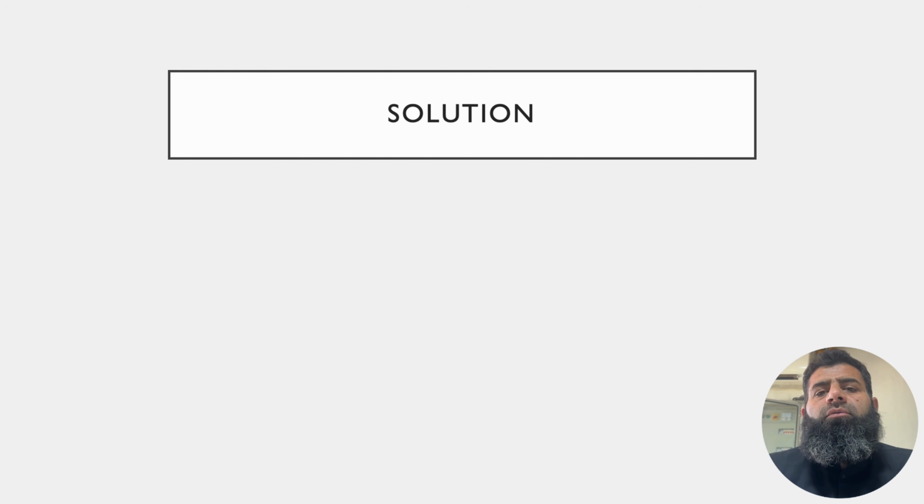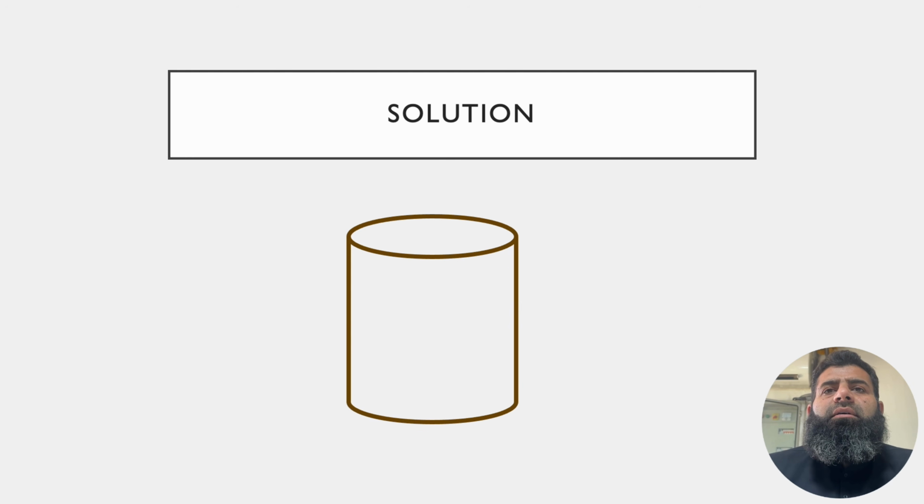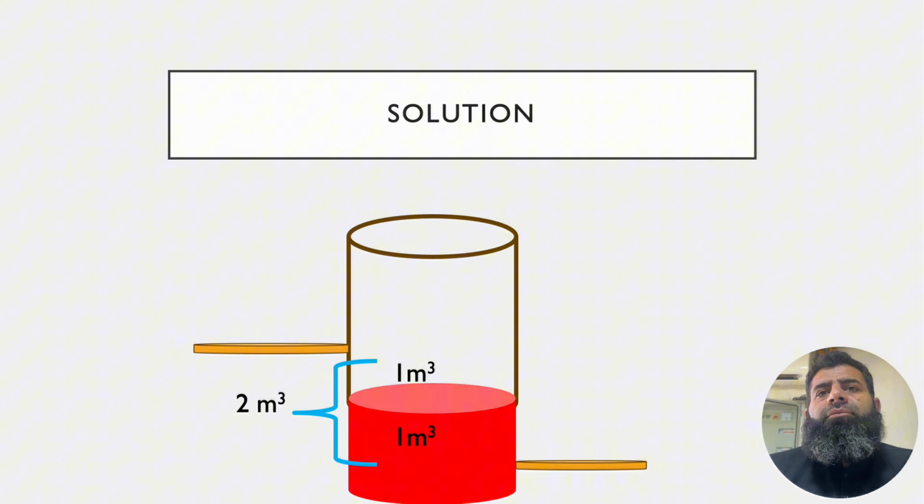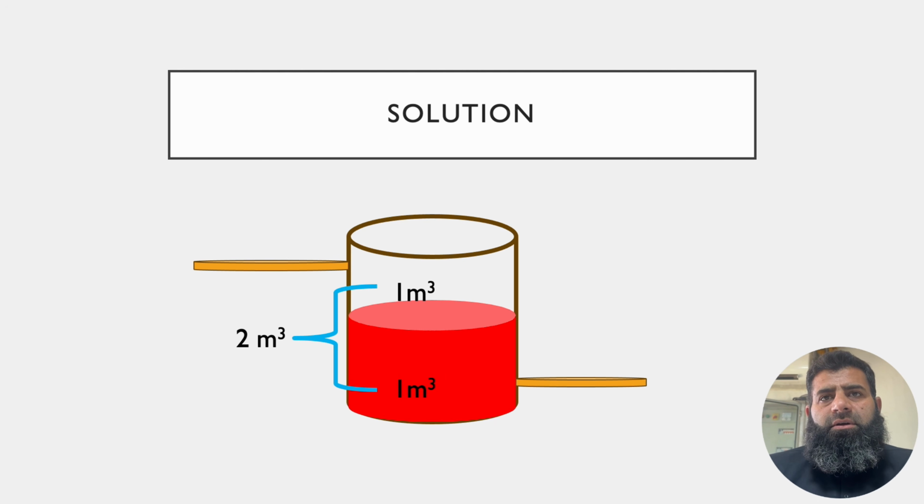First of all, we have to imagine what the question is and how we are going to solve it. So let's consider this is a tank whose capacity is 2 cubic meter and it's half filled. That means 1 cubic meter of the tank is filled and 1 cubic meter is empty.